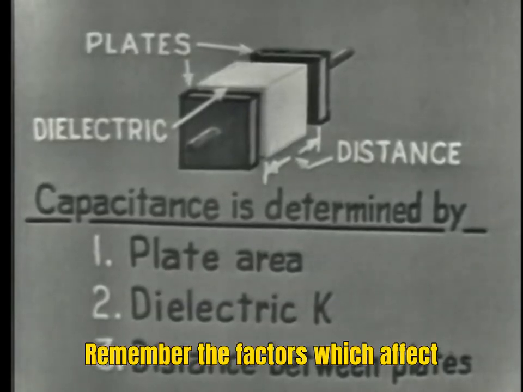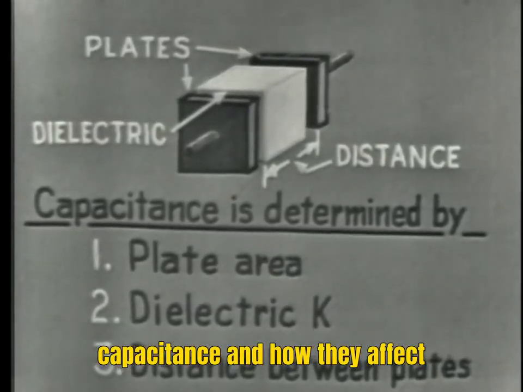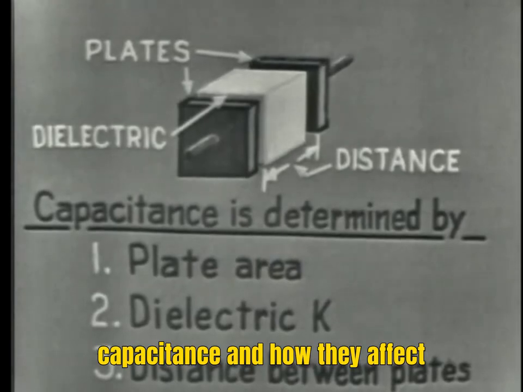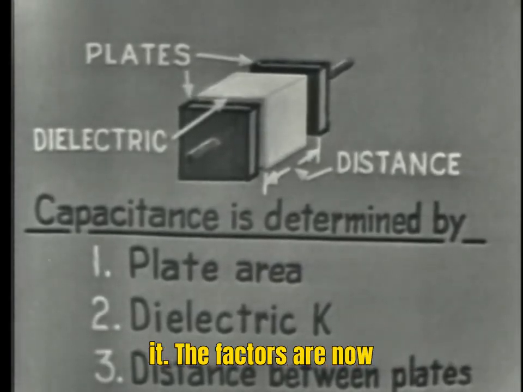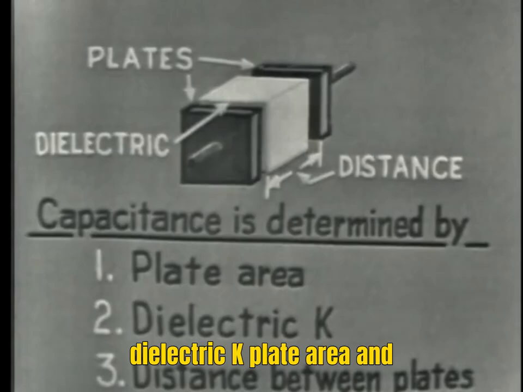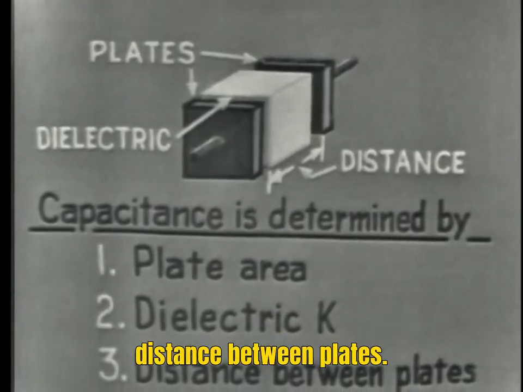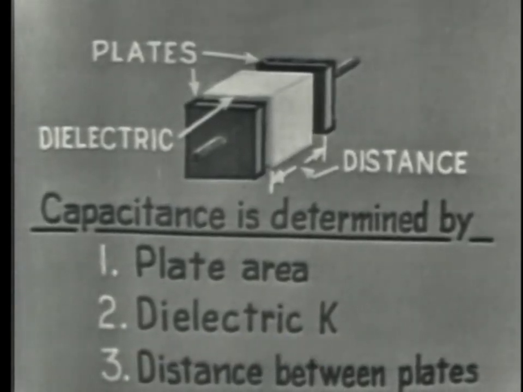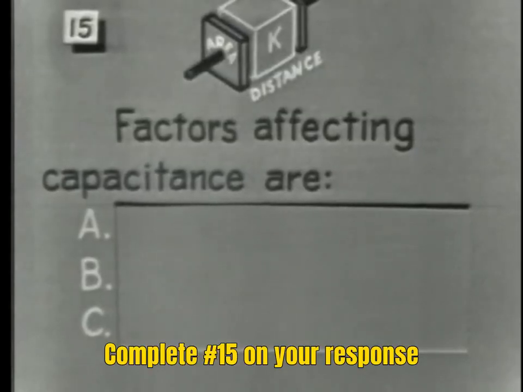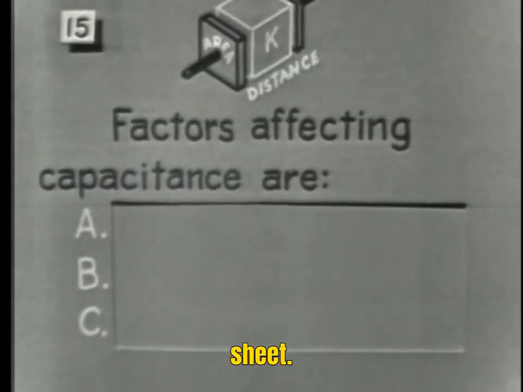Remember the factors which affect capacitance and how they affect it. The factors are now dielectric K, plate area, and distance between plates. Complete number 15 on your response sheet.